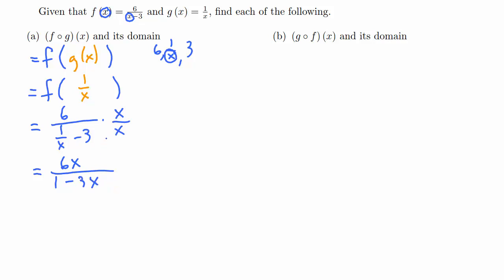Notice that in just one little step, we've simplified this, making this 6x divided by 1 minus 3x. So our answer for f composed of g of x is 6x divided by 1 minus 3x.